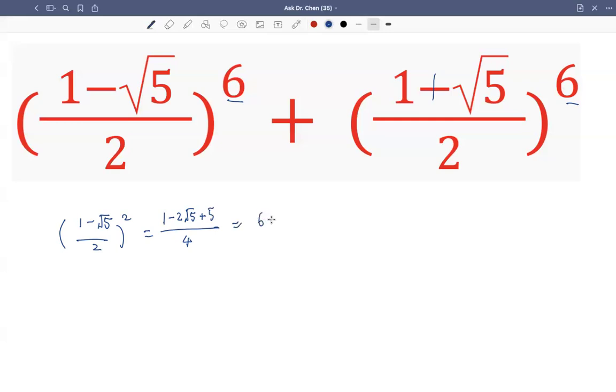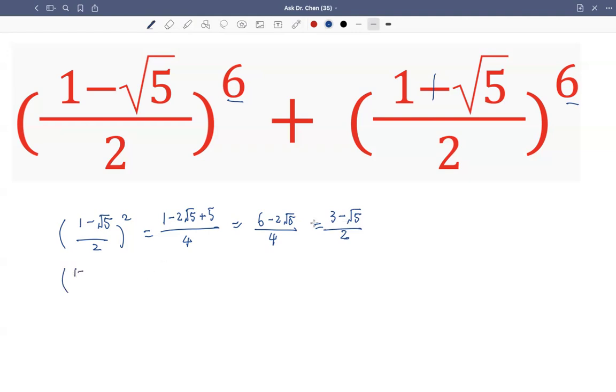So we get 6 minus 2 radical 5 divided by 4. Well, 2 is a common factor of those 3 terms, so we divide every one by 2. We get 3 minus radical 5 divided by 2.